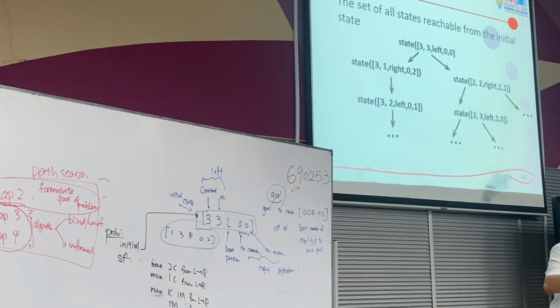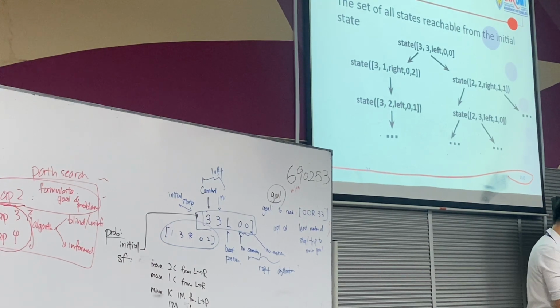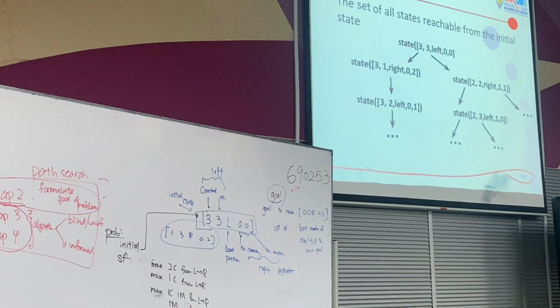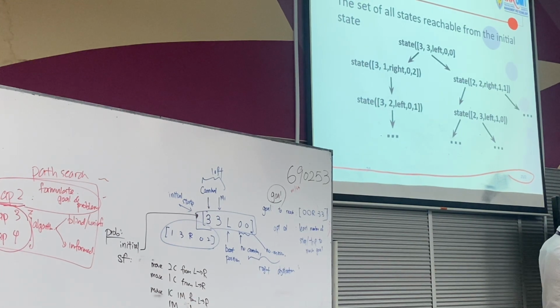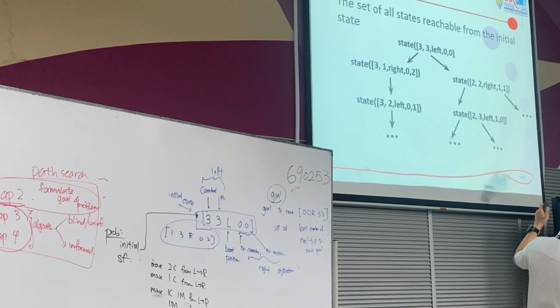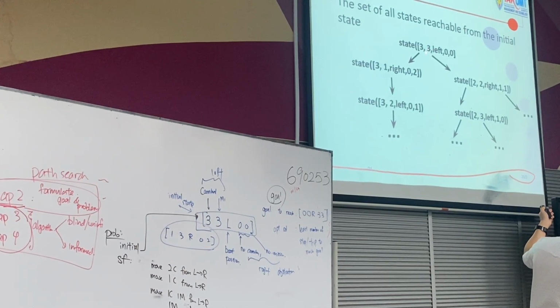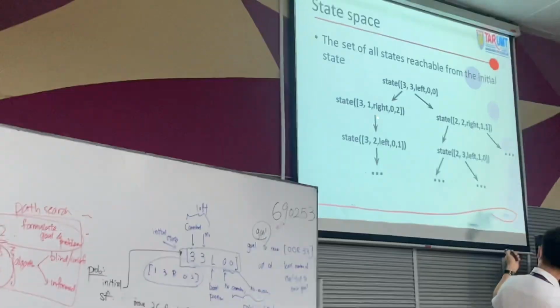So what is a state space? The state space is the space that consists of all the states. For example, initially you have 3 here. We can move two missionaries from left to right. This is one of the possibilities.